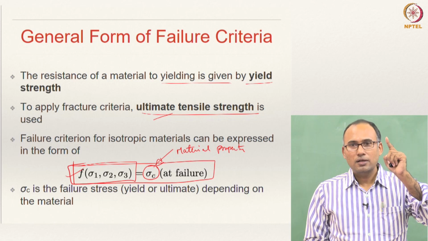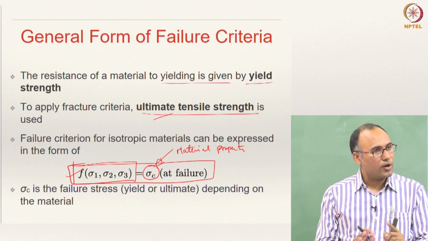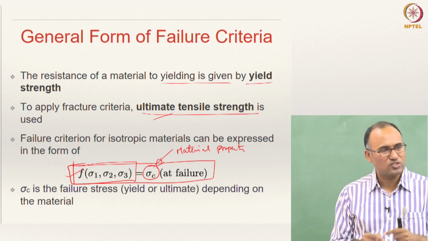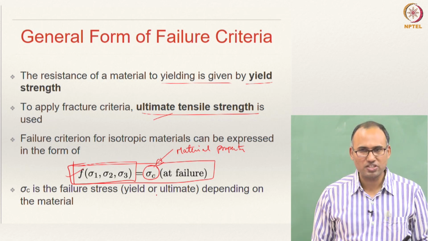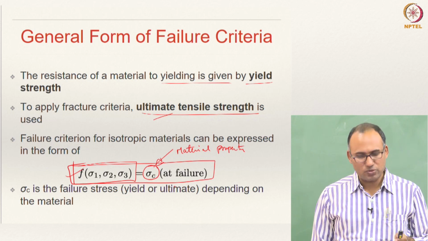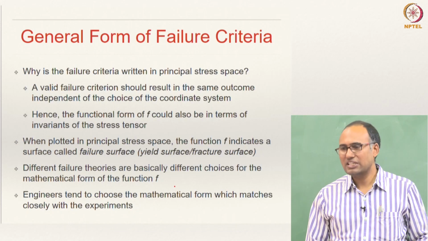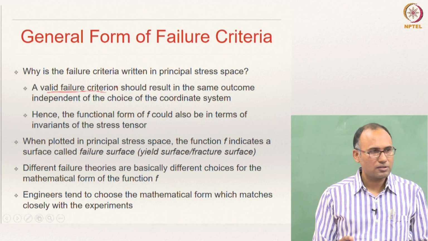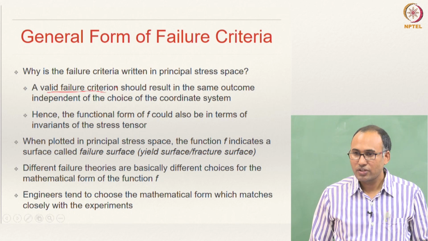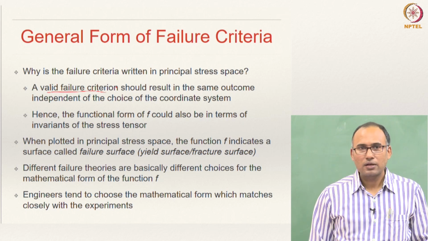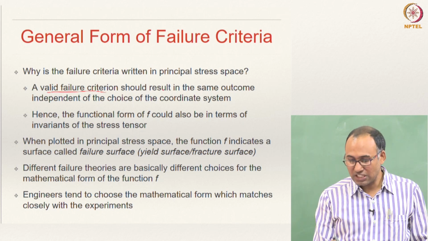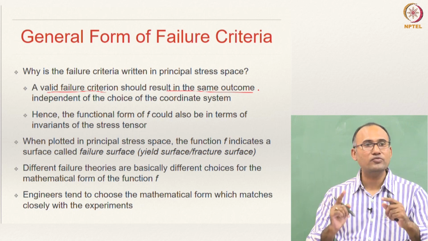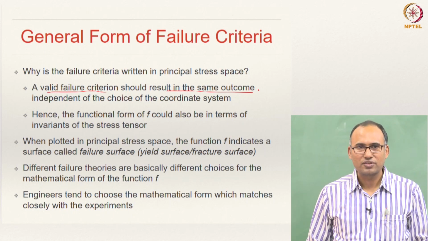And if you are writing your functional form of the failure theory in principal stress space, that is why it is expressed in principal stress space. Why is it written so? There are certain reasons. A valid failure criterion, if it is a good failure criterion, then it should result in the same outcome independent of the choice of your coordinate system.